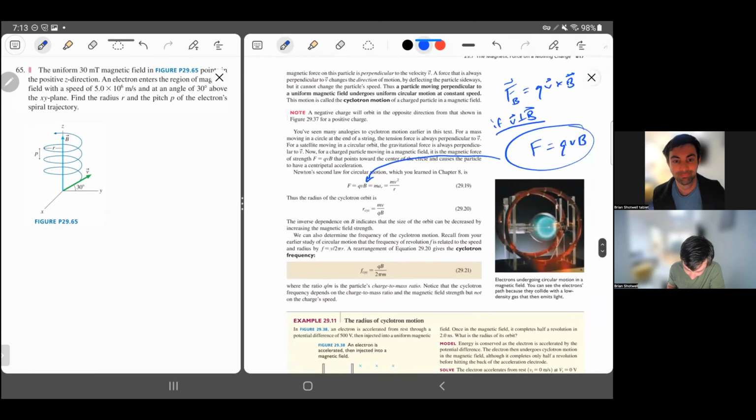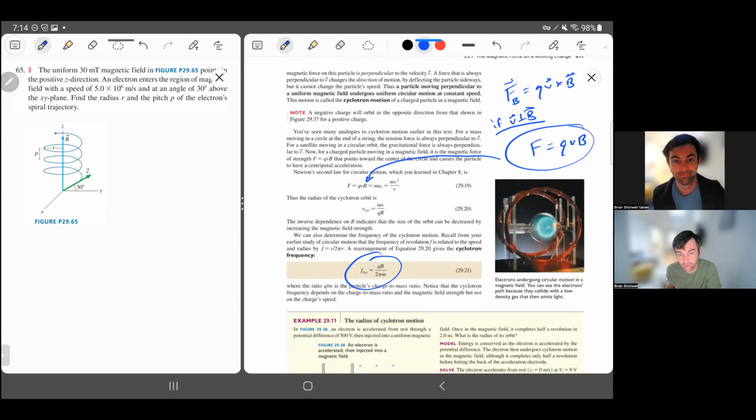You can rewrite quantities in terms of what's called the cyclotron frequency. So the number of revolutions, the number of cycles per second. How many times does this particle move around in a circle per second? That's the lowercase f. So it's the speed divided by the distance. Meters per second divided by meters gives you 1 over seconds. It gives you how many cycles per second. So you can rewrite this formula in terms of the frequency, and you get a formula which is independent of the speed of the particle.